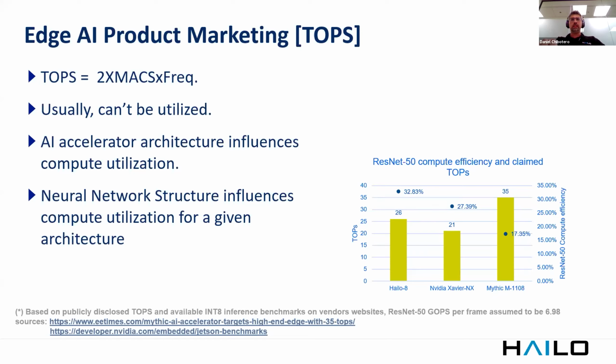You can see here on the right 3 different Edge AI chips, the Hailo 8, the NVIDIA Xavier NX, and the Mythic M1108. And you can see the difference of the max utilization for the ResNet 50 workload. And these numbers can, of course, change for different benchmarks and different customer workloads.